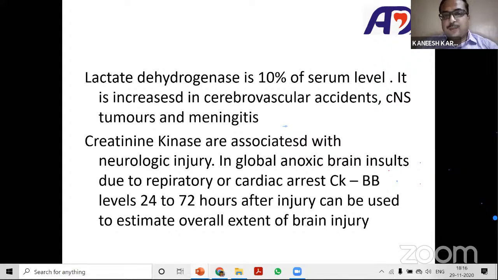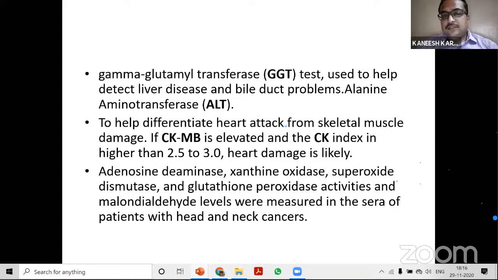It is increased in cerebrovascular accidents, CNS tumors, and meningitis. Creatine kinase is associated with the neurological injury in global anoxic brain insults due to respiratory or cardiac arrest. CK-BB levels 24 to 72 hours after injury can be used to estimate the overall extent of brain injury. So CKMB is elevated in cardiac arrest.